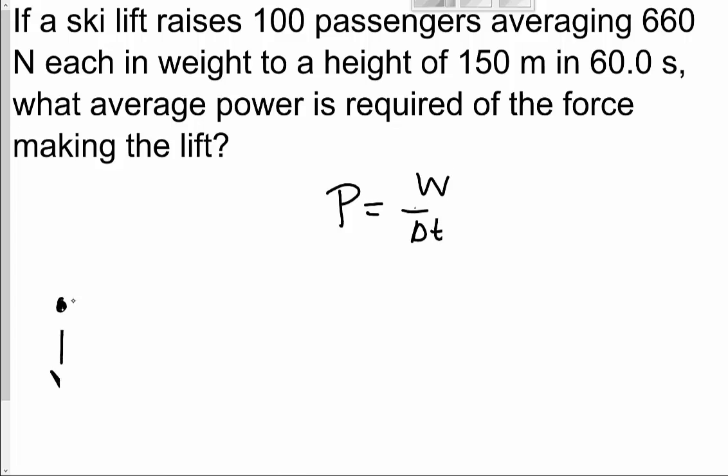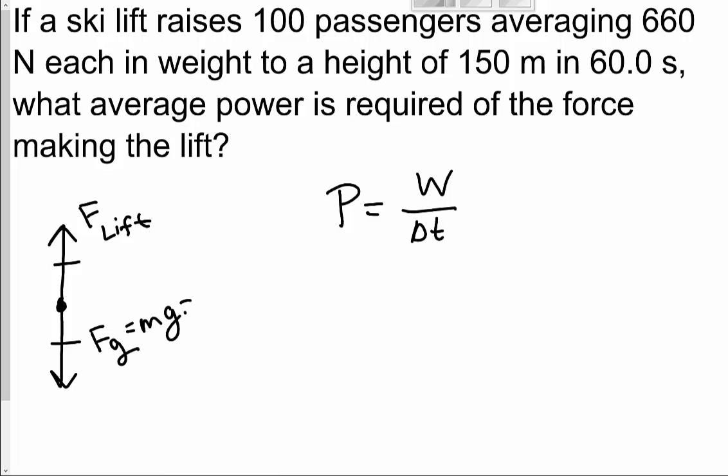I'm going to assume this is at a constant rate, so the lift force will be the same as the gravitational force. This is just mg, in this case 660 newtons, and there are 100 of them.